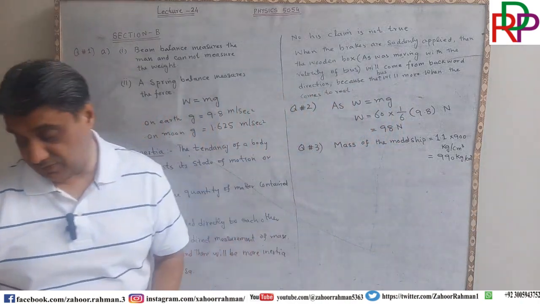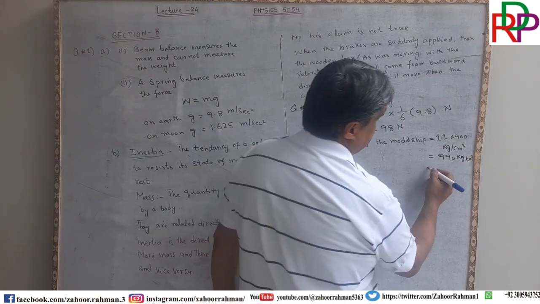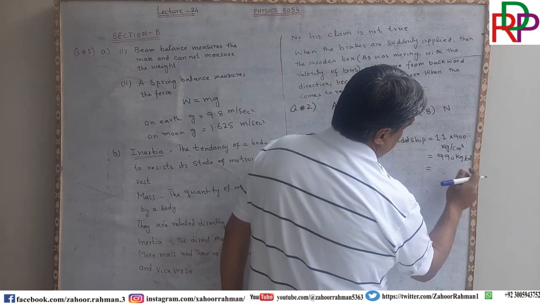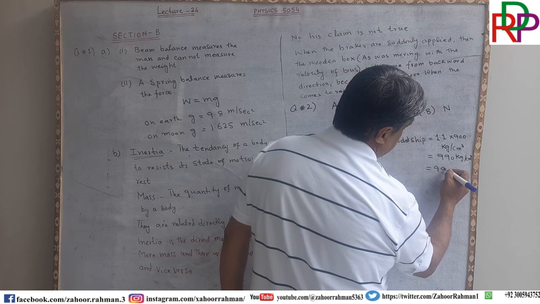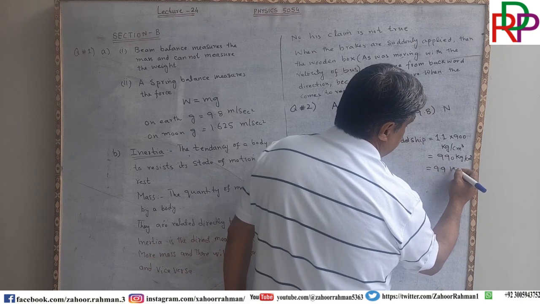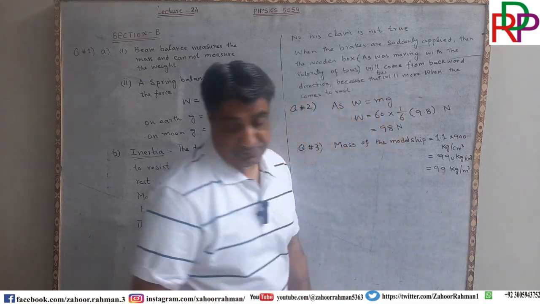Now we have to convert it to meter. So when we are writing it in meter, we have to divide it by 100. So it will come to 9.9 kilogram per meter cube.